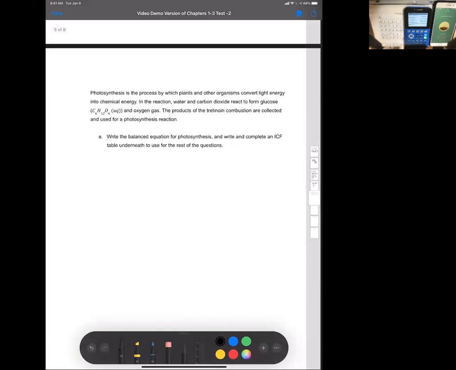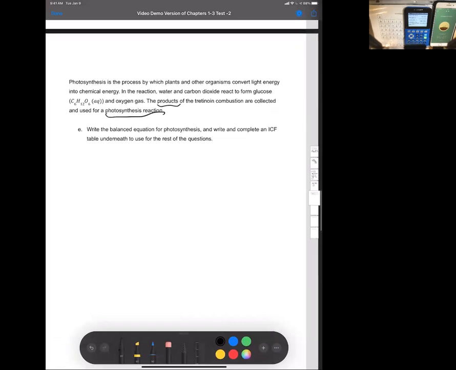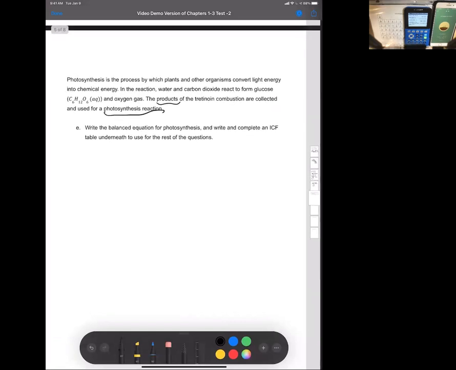Photosynthesis is the process by which plants and other organisms convert light into chemical energy. Okay, so we know the products are going in there. The reaction is CO2 gas plus H2O yields C6H12O6 plus O2 gas, and it's collected.